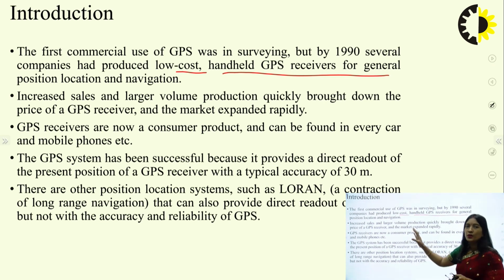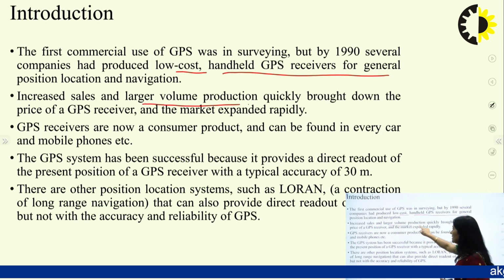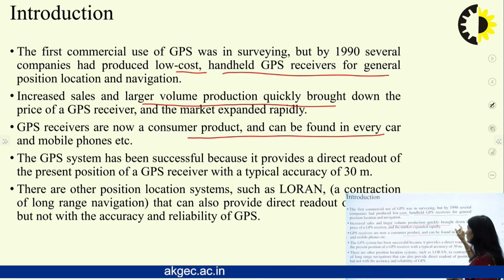In the 1990s, with the development of low cost handheld GPS receivers, it was made available for public use, and it also increased the sales and large volume production of GPS receivers. The market expanded rapidly. GPS receivers are now a consumer product and can be found everywhere, in mobile phones, in cars, etc.